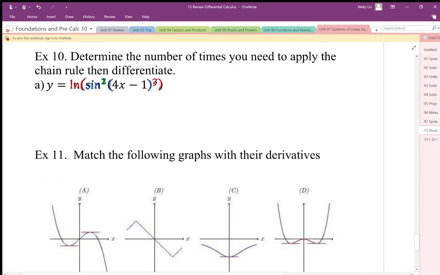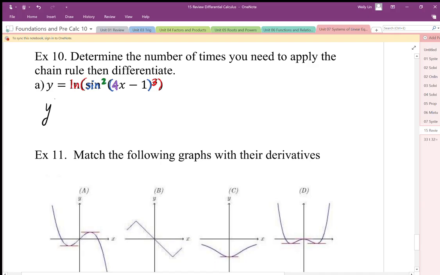There's a cube function inside the sine, and then inside the cube is a times 4 function. I'm just going to write this as times 4. So we have 1, 2, 3, 4, 5 levels of functions here that we have to differentiate.